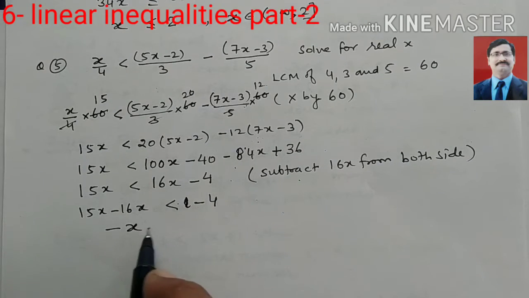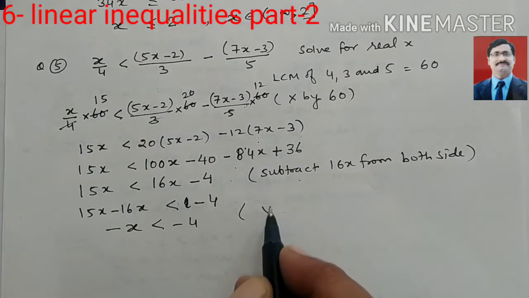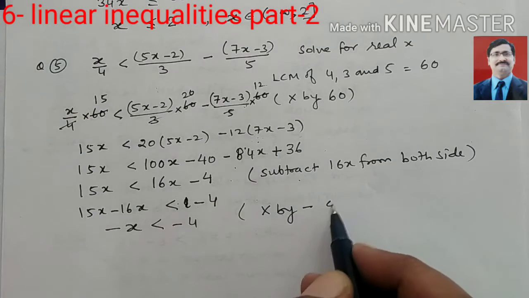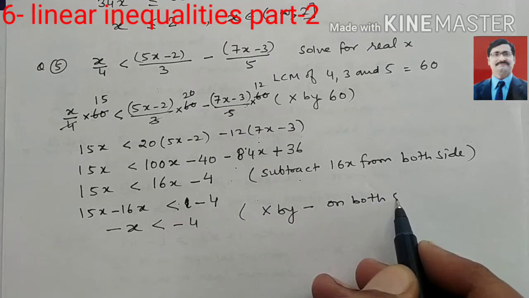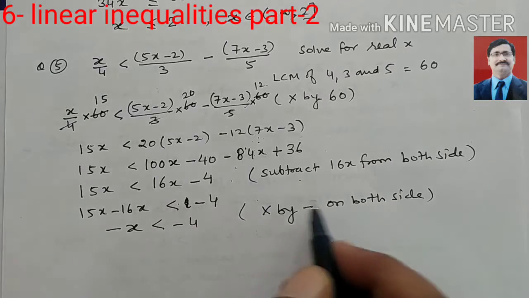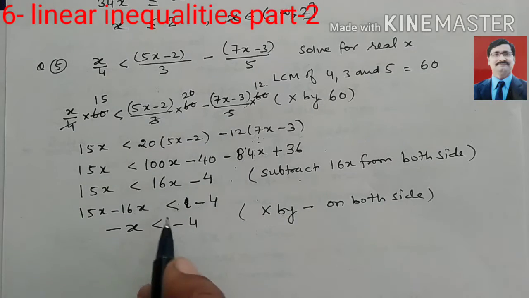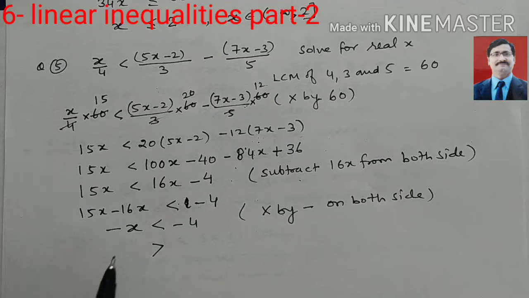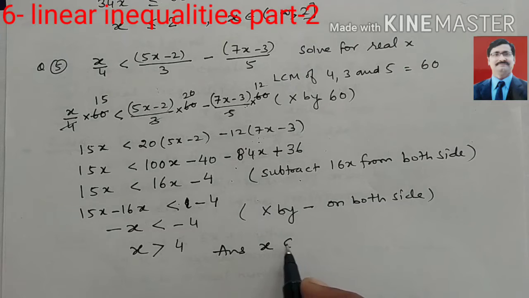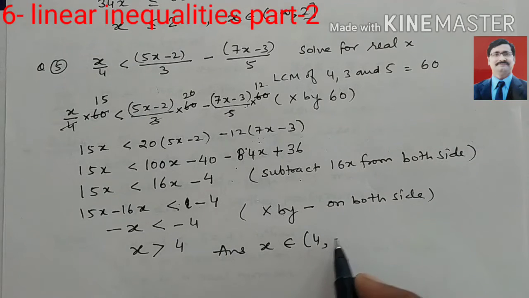This will be minus x is less than minus 4, which means multiply by minus 1 on both sides. When we multiply by minus on both sides, the inequality sign will be reversed. This will be greater than, and minus times minus is plus. So x is greater than 4, and we have to write the answer in real form. So x belongs to 4 to infinity. The interval form we write here.